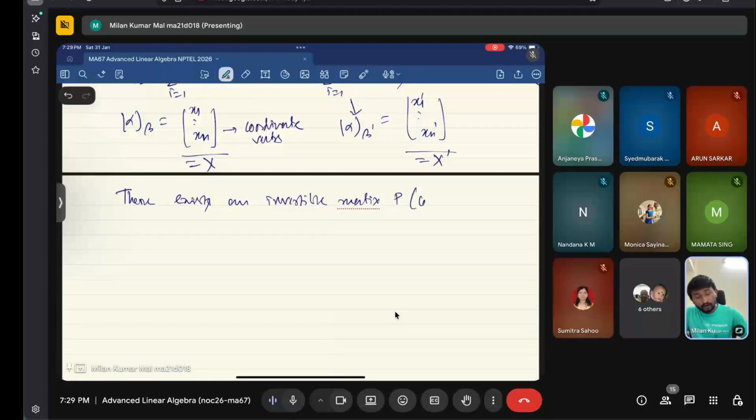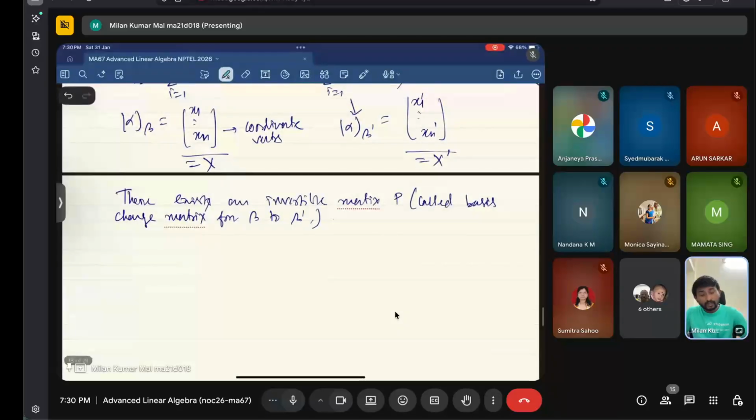The matrix P is called the basis change matrix from beta to beta prime, sometimes denoted by the basis change matrix from beta to beta prime, such that X equals P X dash. So this is what it is, but how this is coming, I'll quickly say.